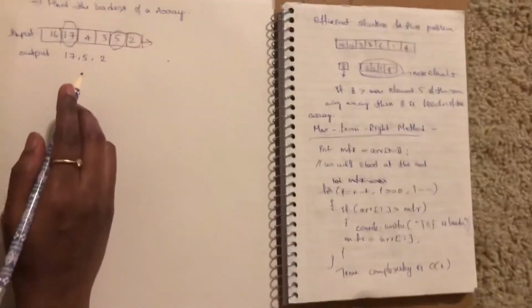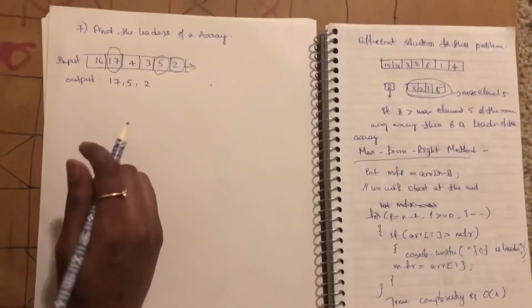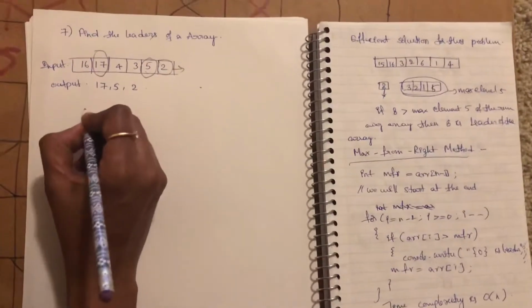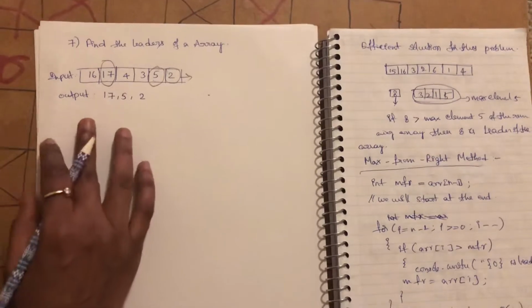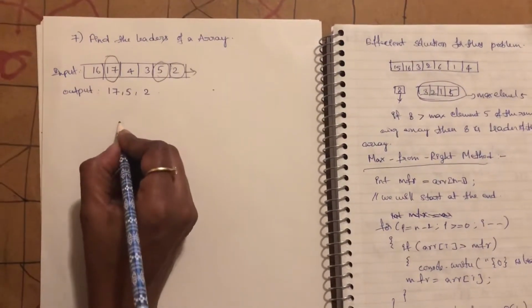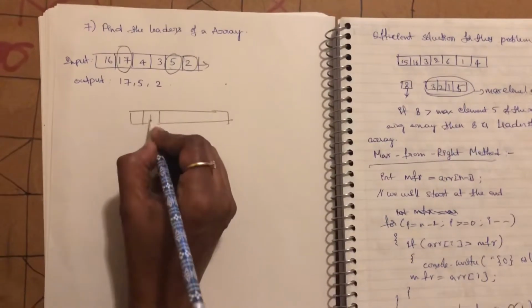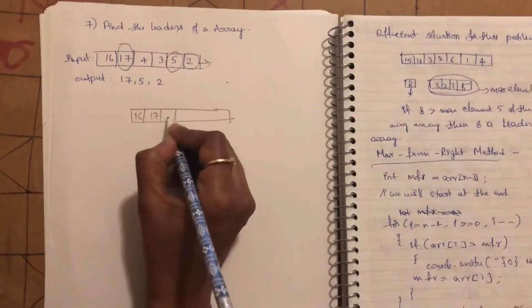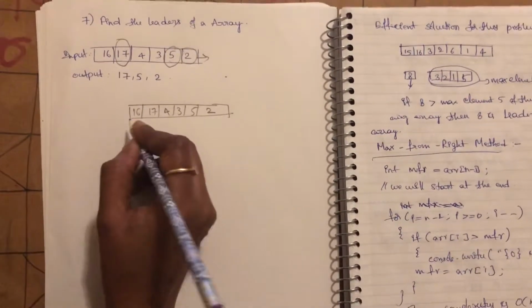To implement this solution we can use two approaches. The first one is using two for loops.